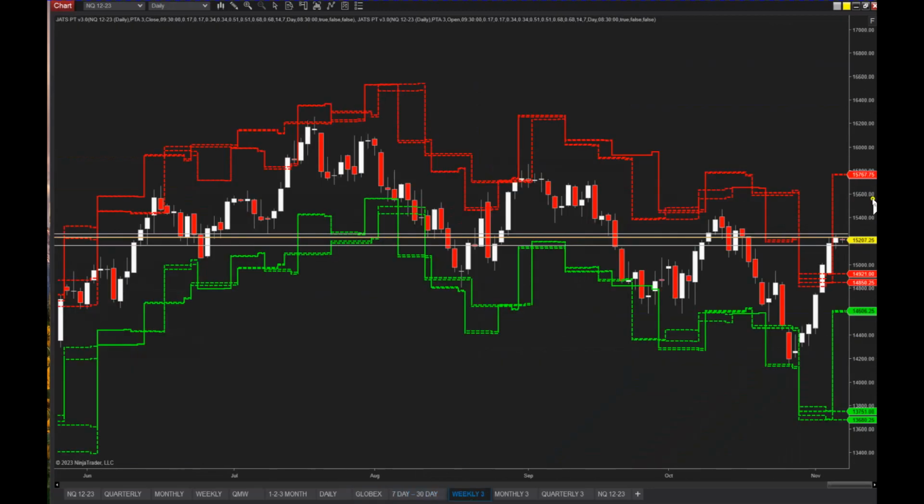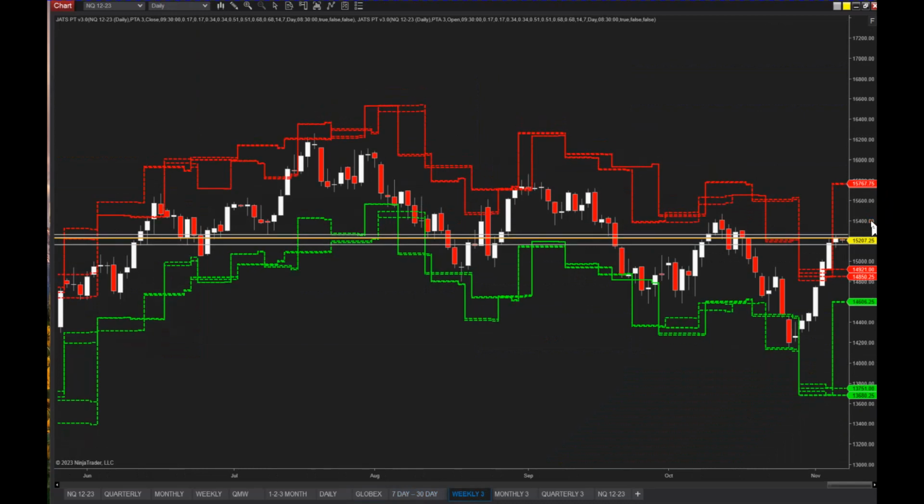If you're doing options, want to trade some spreads, weekly threes at 15,767.75 and this 14,606 to the bottom.